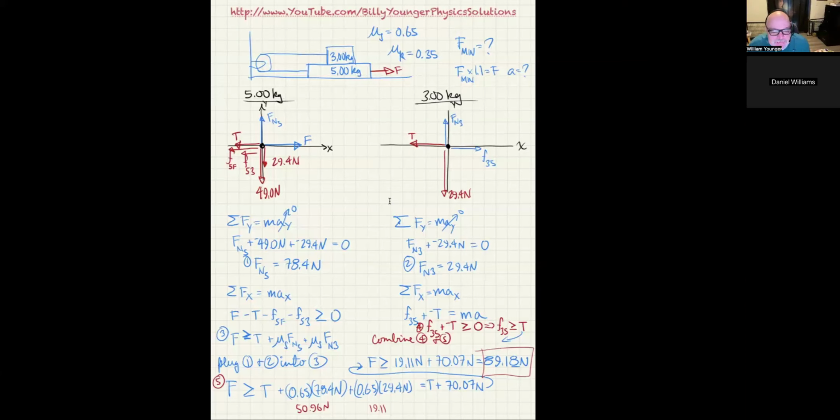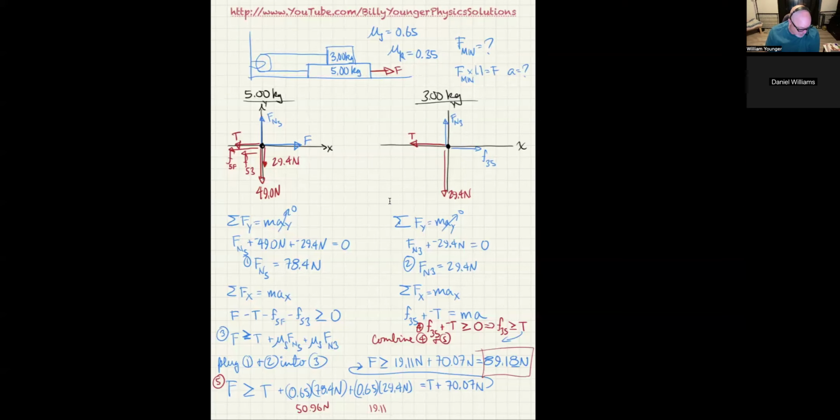But yeah, I think it was the friction force of 5 on 3 that threw me off. It's easy to get those mixed up. I wasn't 100% sure if I was counting the weight of 3 on 5 for the normal force of the 5 kilogram. Yeah, it seems weird, and in that case, you've got to realize that what's a weight in one case turns out to be a normal force in the other case.